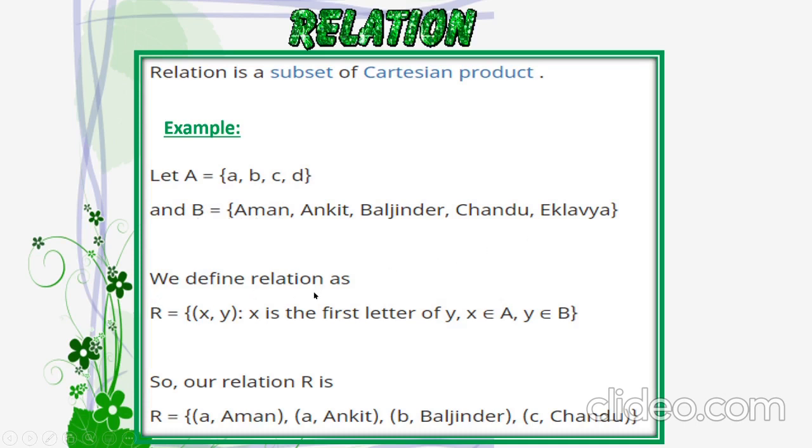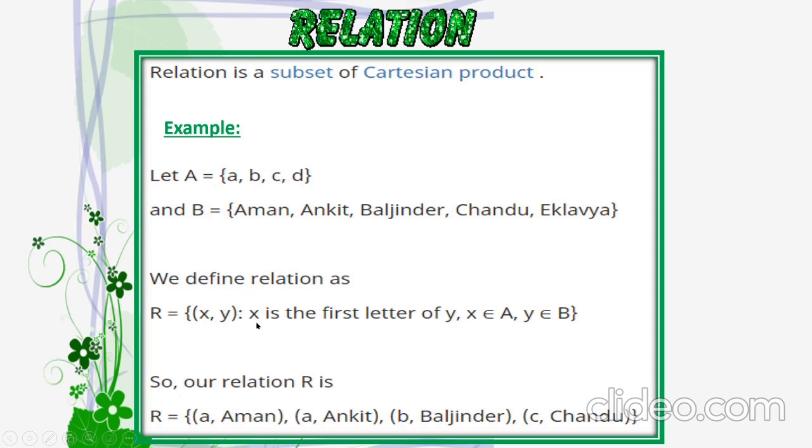Now we define a relation in set builder form. R is equal to the collection of all the ordered pairs such that X is the first letter of Y, where X belongs to A and Y belongs to B. First element always belongs to first set and second element always belongs to second set.